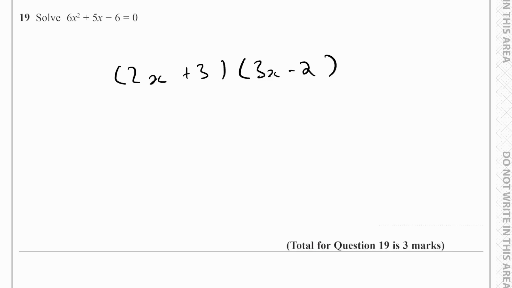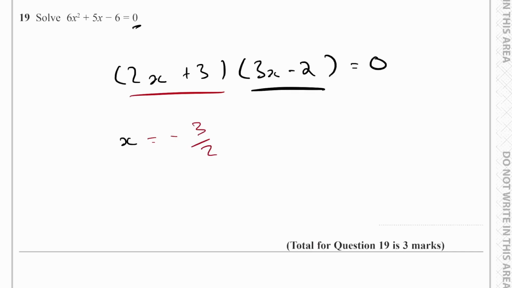Now we've factorized it, we need to actually solve for x. If you want to make this equal to 0, then essentially one of these brackets needs to equal 0 at each point. So if we want to make this first bracket 0, the 2x plus 3, then x would need to equal minus 3 over 2.